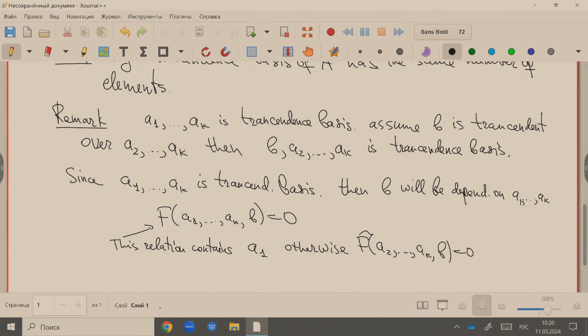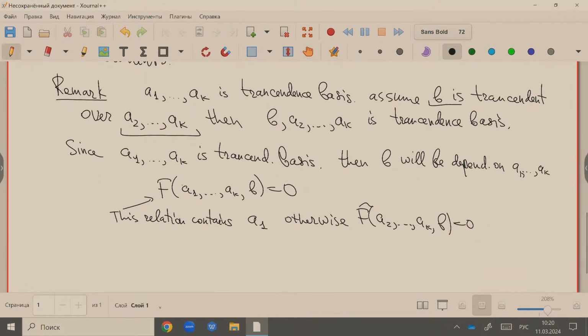So you have a smaller relation, which contradicts the assumption that B is transcendent over these previous ones. So this implies that A1 is algebraic over A2, ..., AK, B.